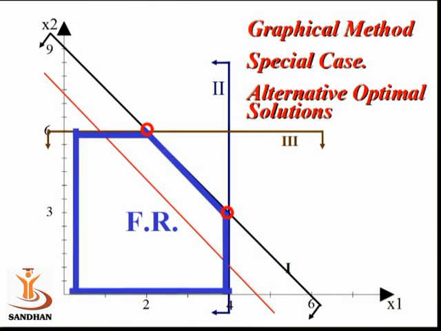it is coinciding with equation 1, the line 1, and these corners are satisfying equation 1 and going to give us the maximum or minimum value of z. So friends, you can see that in such a case we are going to get 2 solutions denoted by these 2 circles.